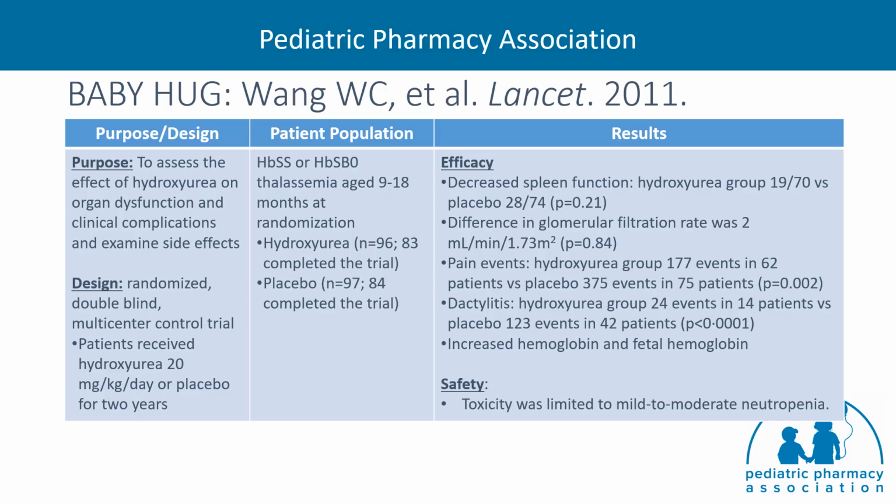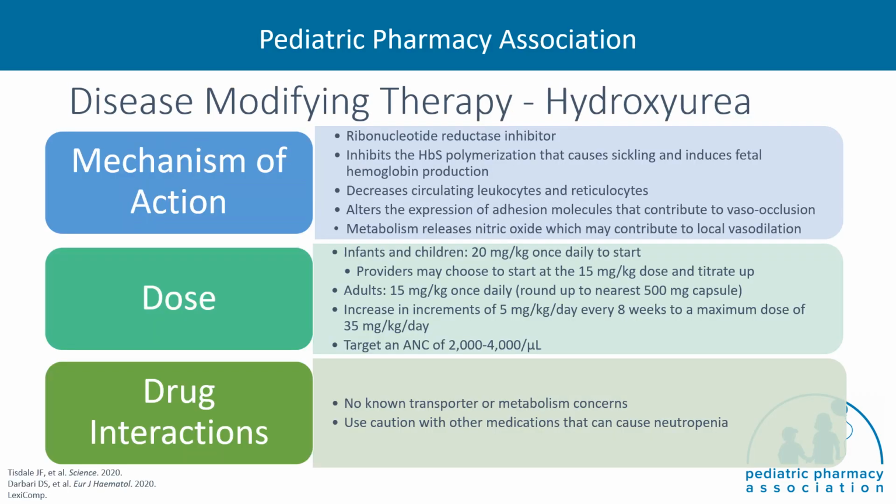From a safety perspective, toxicity was limited to mild to moderate neutropenia. So when thinking about a quality of life perspective and decreasing potentially long-term complications as well as pain events for these patients, hydroxyurea certainly had benefits with very few side effects, which is why we use it.